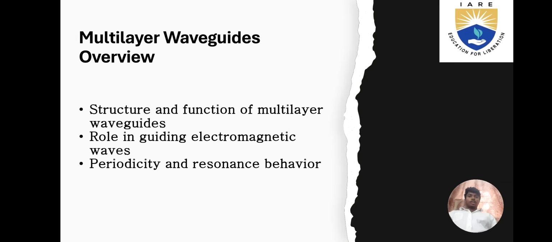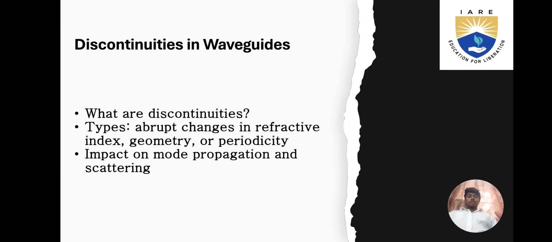These discontinuities can arise intentionally for functions like impedance matching or filtering, or unintentionally due to mechanical transitions. In multi-layer waveguides, such discontinuities require careful analysis, often using finite element methods to characterize their scattering parameters, which describe how much energy is transmitted or reflected at the discontinuity, and their role in guiding electromagnetic waves, periodicity, and resonance behavior.